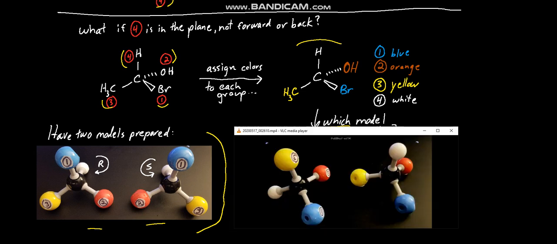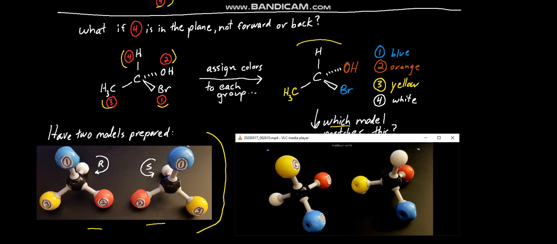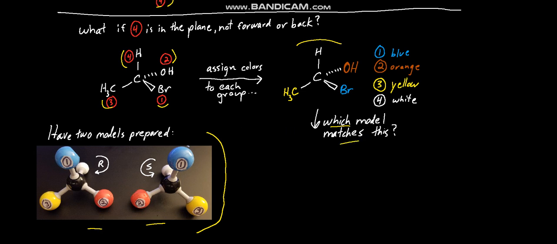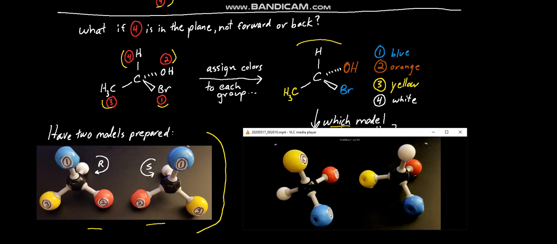So, which of these 2 models match that? As we see here, it's the one on the right. So the model on the right matches the above structure, not the one on the left. Notice the only difference is two of the groups are switched, the yellow and the white.